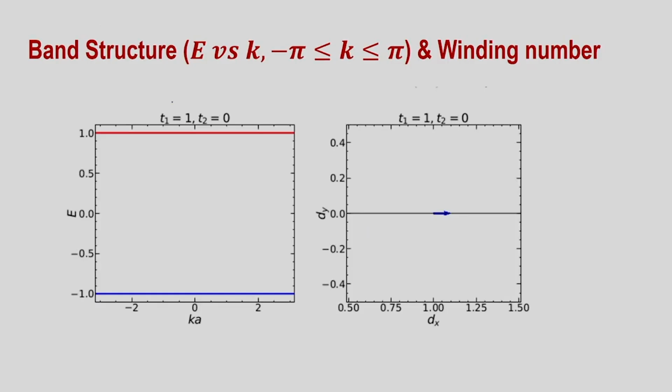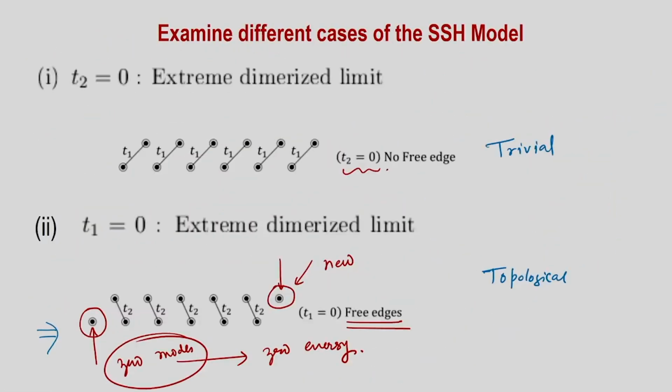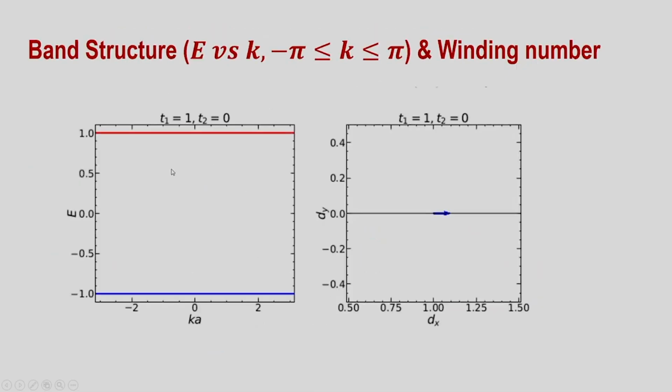Of course, this extreme dimerized limit, the top one that we see here, is where we don't expect any topological properties. So we plot both the energy and the winding number: energy is on the left panel and the winding number is on the right panel for the same values.